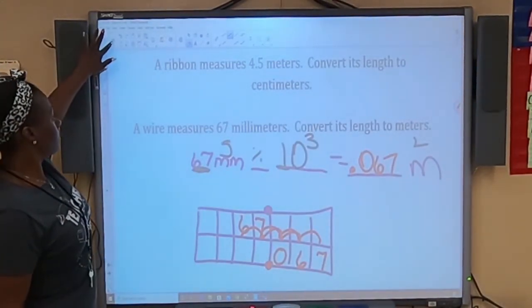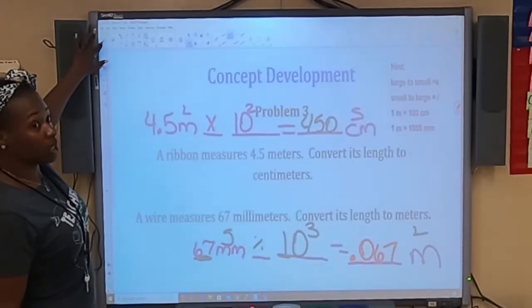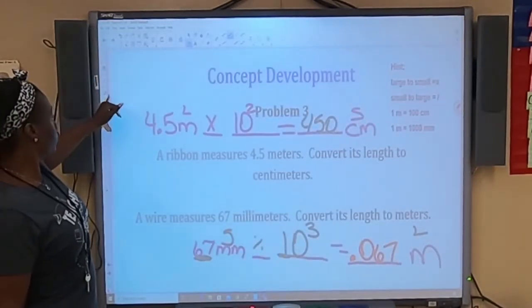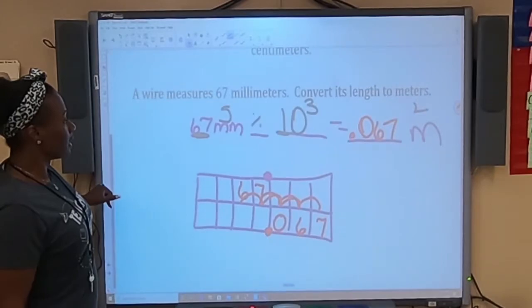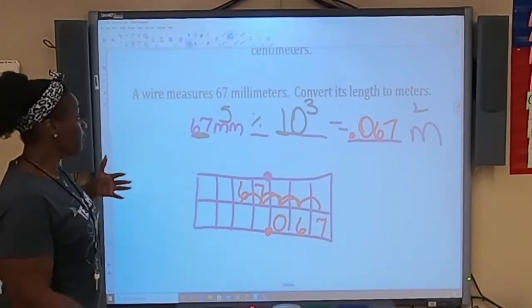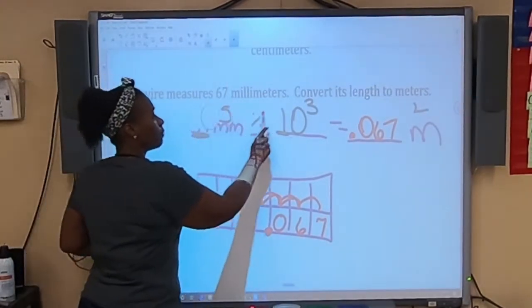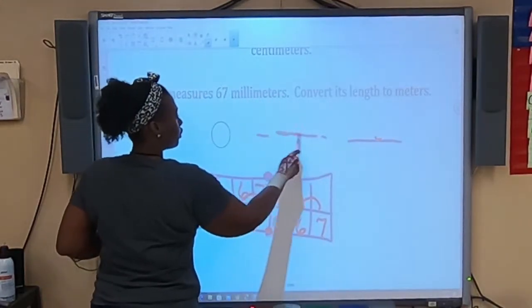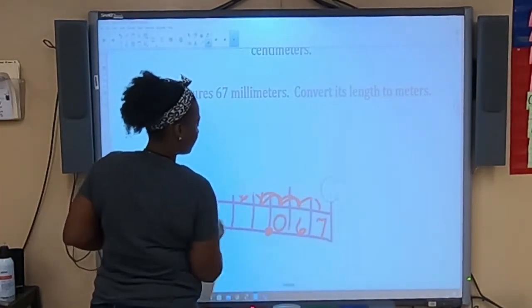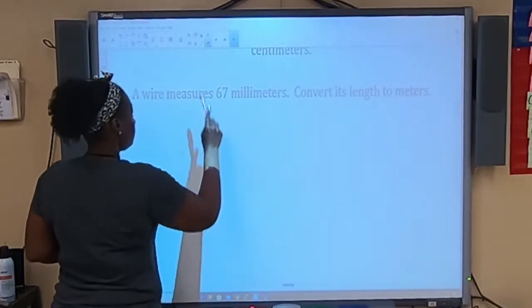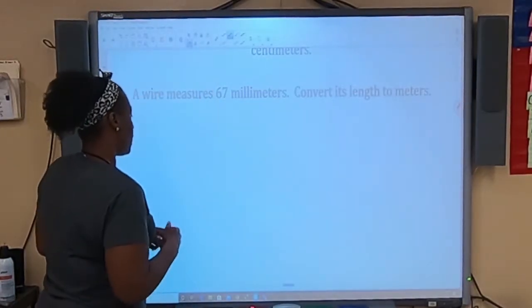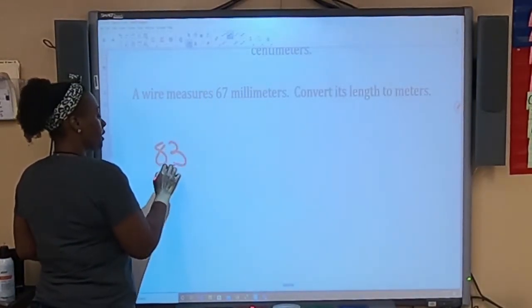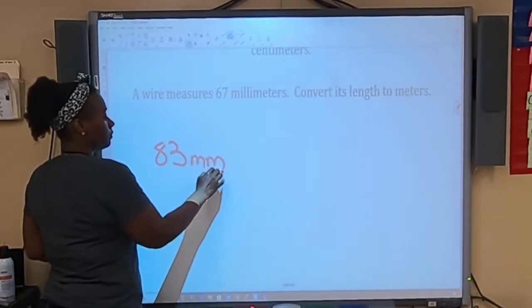Okay. Did they give me a no? No. So I'm going to do one more. Since I multiplied instead of divided on this one, we're going to go through one more just to make sure you're clear on the steps. So this time I want to change 83 millimeters.